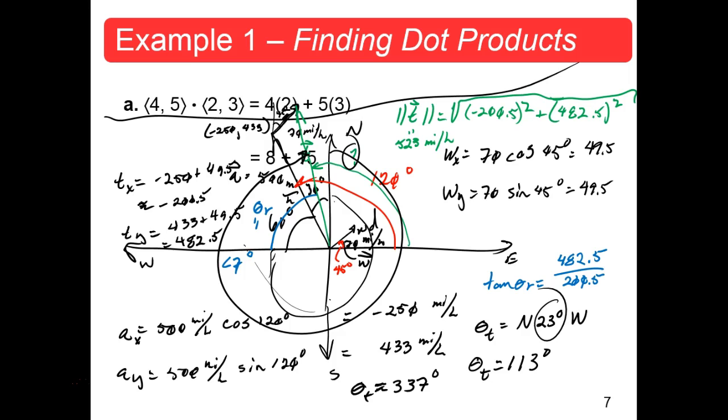Top of page 421. Examples. Bottom of page 420 is where they define it. Bold type. Very next to the bottom line. Anybody?